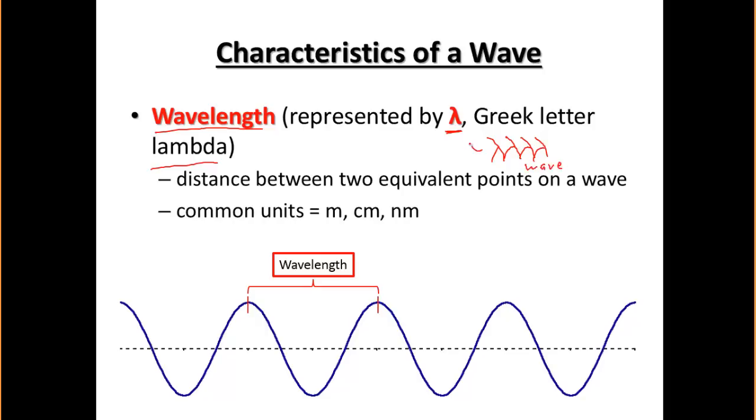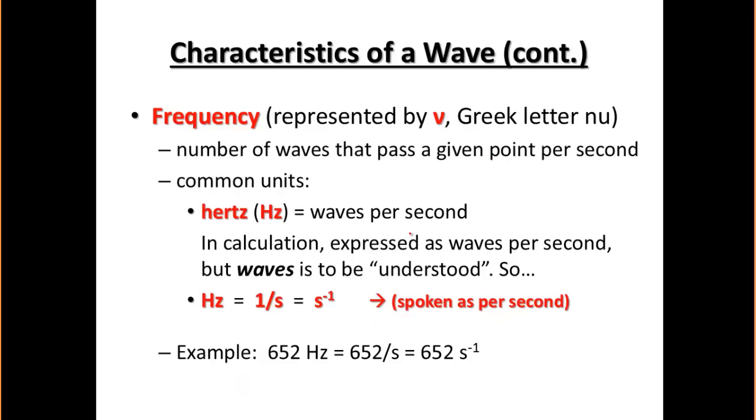So you might be able to remember wavelength with the letter lambda from the Greek alphabet. Now, it's going to be the distance between two equivalent points on a wave. So from one point to a second equal point on a wave is how long one wavelength is. Common units, meters, centimeters, nanometers, are going to be commonly seen wavelength units.